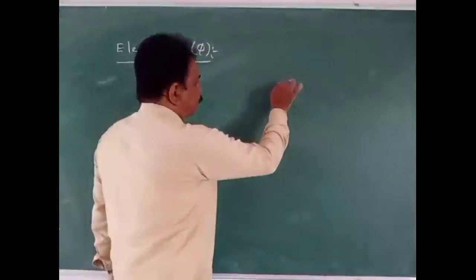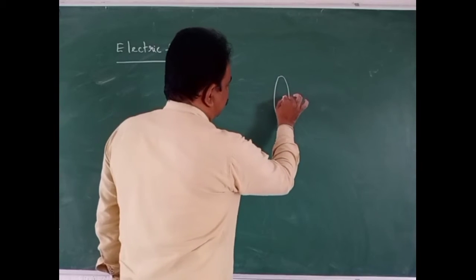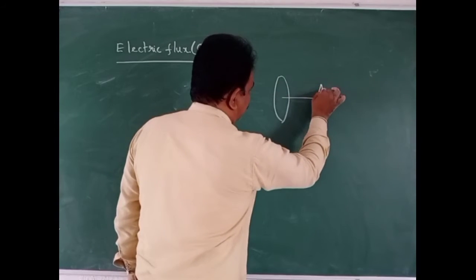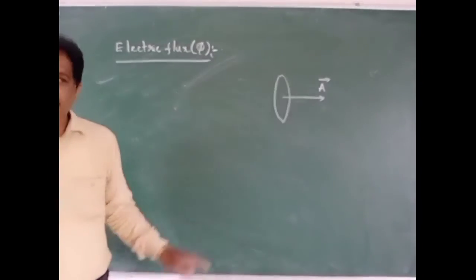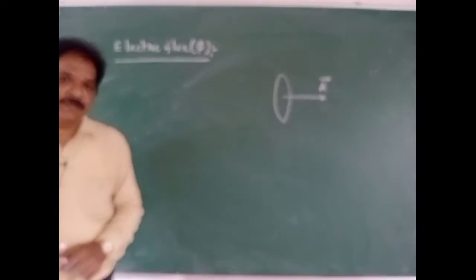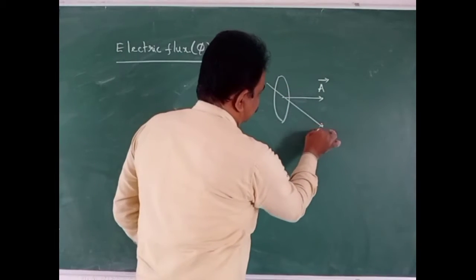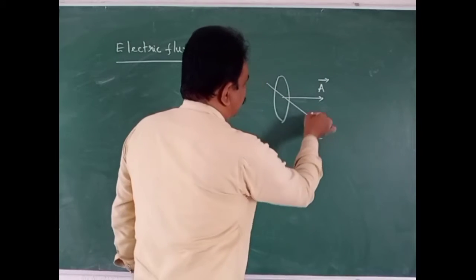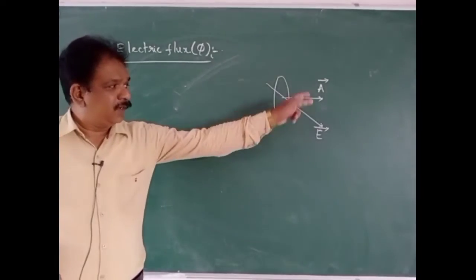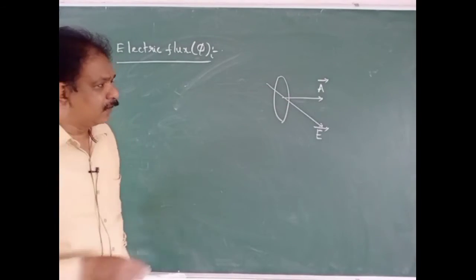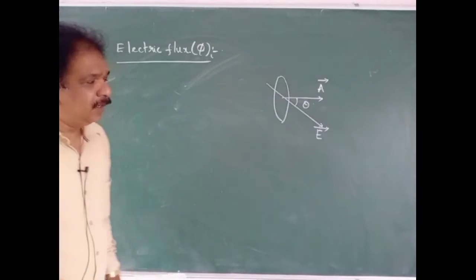So for example, there is a surface like this. Here this is the area vector of that surface. Area vector will always be normal to the surface, remember. Then the electric field is in this direction. Area vector is a vector quantity, and electric field intensity is also a vector quantity. The angle between these two is theta.